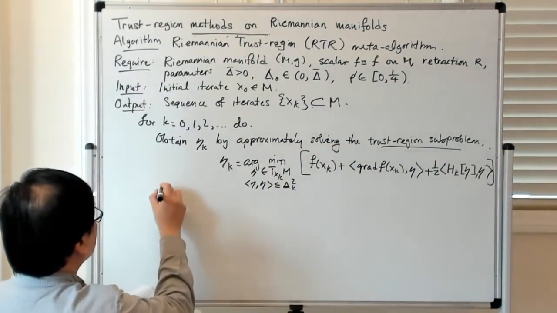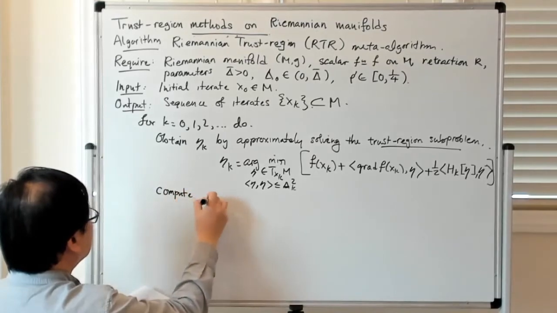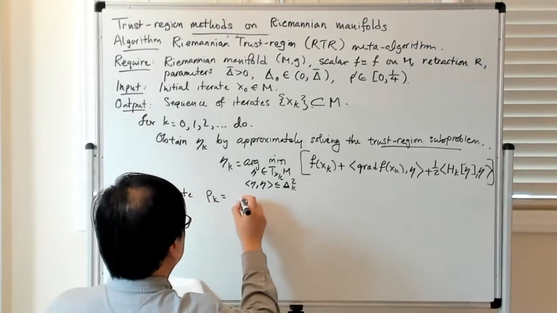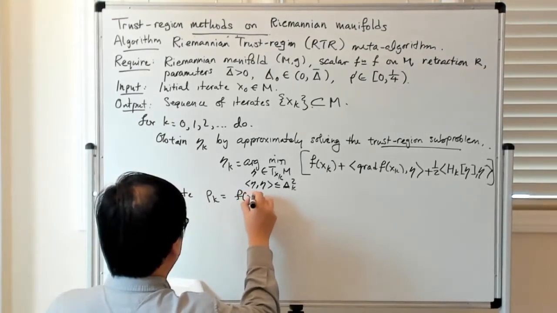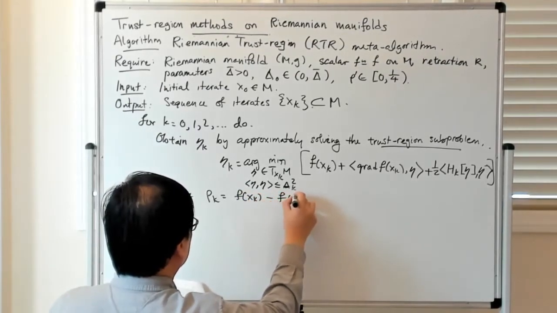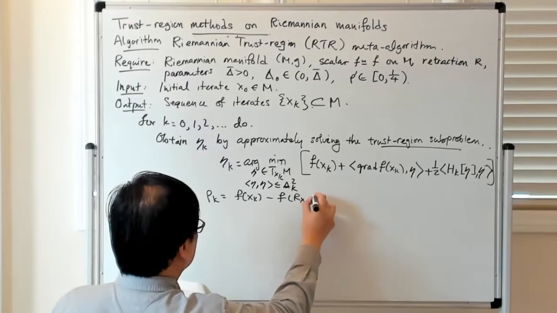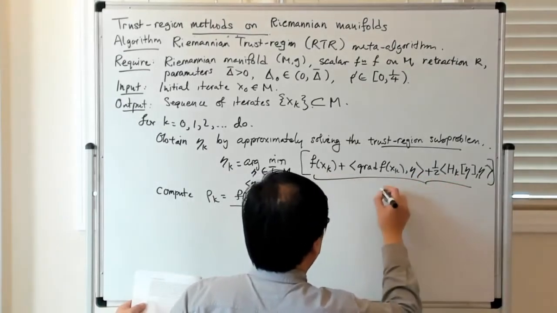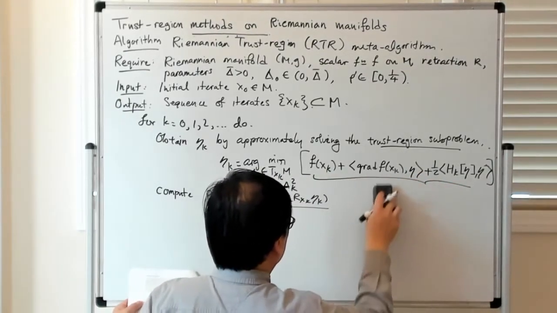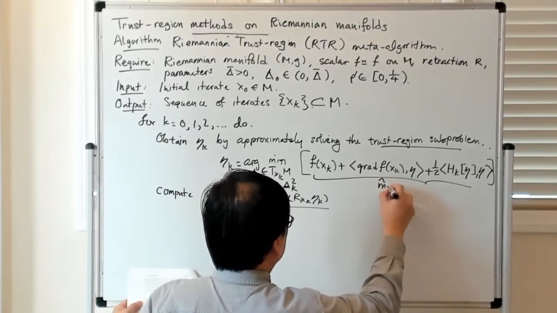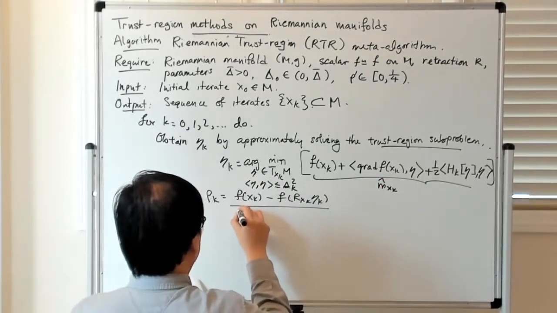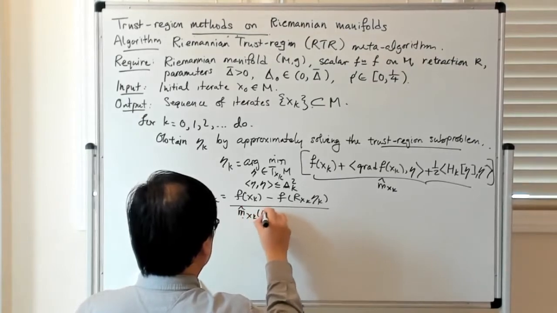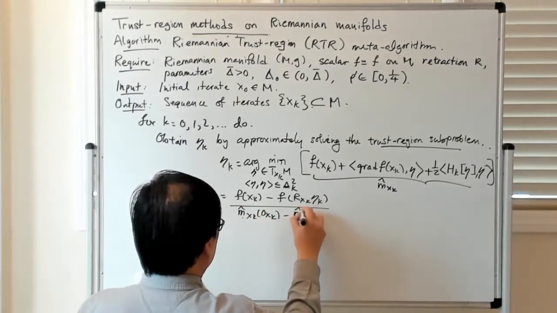And then you compute rho k equals f of xk minus f of R xk applied to eta k, divided by, and this is what we call m hat xk, so you divide this by m hat xk of 0 minus m hat xk of eta k.